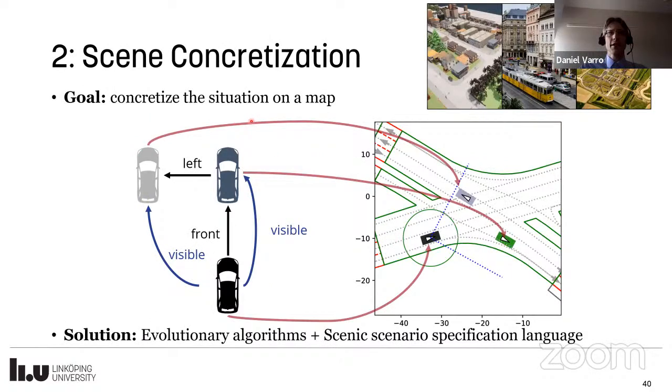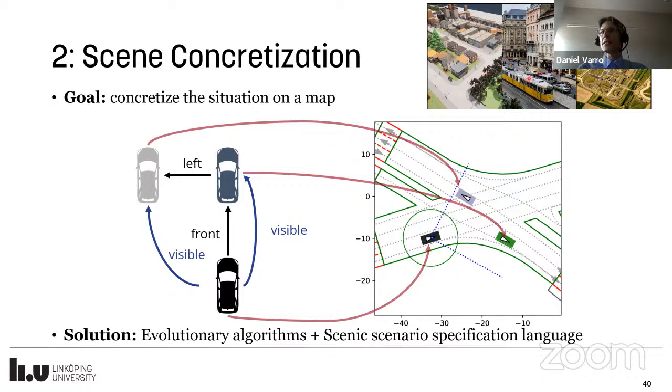And then as part of scene concretization, we take one graph model, and with search-based techniques, we try to place the actual cars on the maps, which are like digital twins of real places.